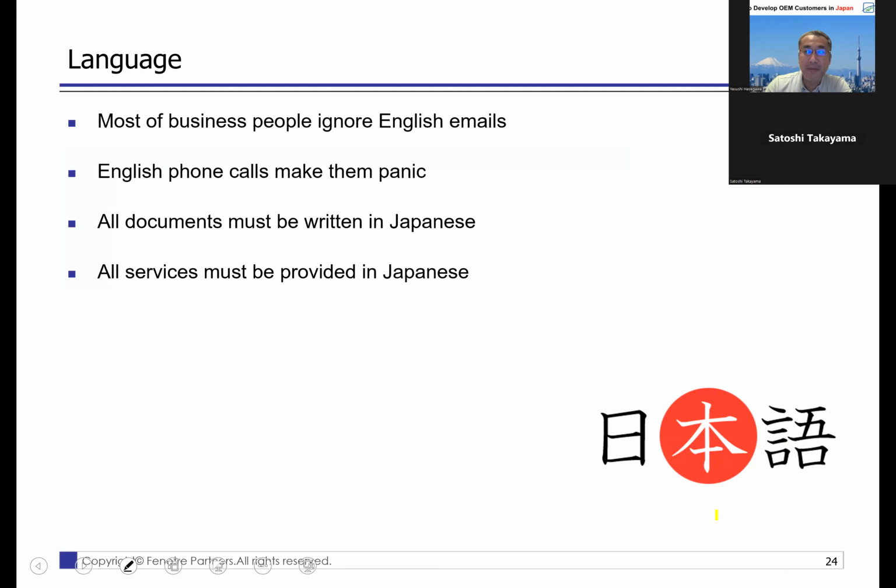You just make them panic. And when you work with a Japanese customer, all documents must be written in Japanese. Sometimes, luckily, you encounter an English speaker in a Japanese company, but usually their bosses or colleagues don't understand English. And of course, services must be provided in the Japanese language.